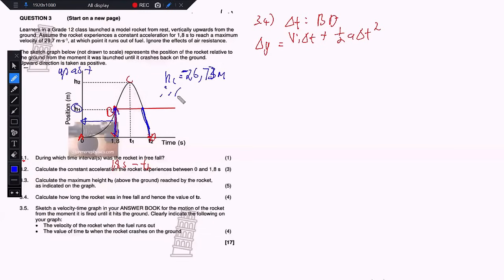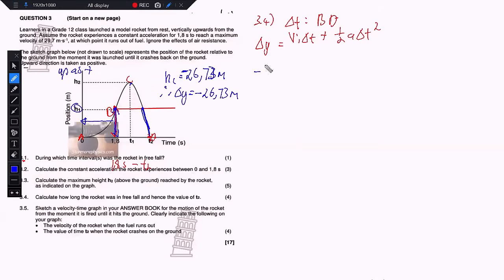So in other words, our delta Y would have to be negative 26.73 meters. Now, there are different ways in which you could have done that. Others could have just calculated from B to C and then from C all the way to CD, right? But then I just chose to take it all at once and then calculate the displacement between B all the way to D, right? So that means I'm going to use this here as my displacement.